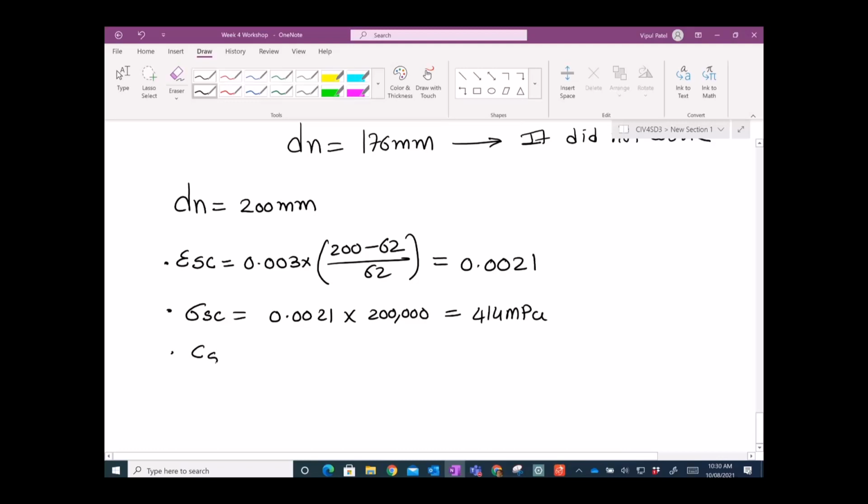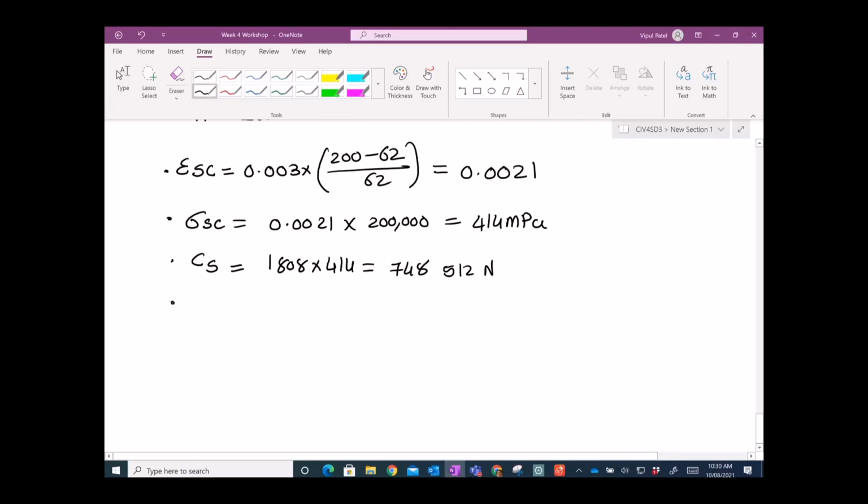So the force Cs equals area times 414. You get 748,512 newtons. Similarly, you will get the concrete one, because concrete is also there: alpha 2 fc dash, 32, and the area was 0.89 times dn times 450.